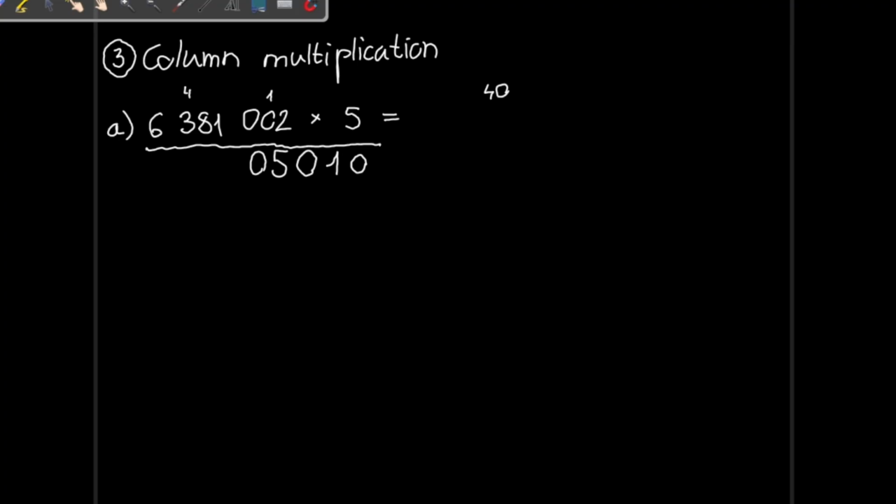And then this next digit, 3, that's 5 times 3, which is 15. And then we add 4 to the 15, which is 19. But once again, we can only write the 9 here. We need to move 1 over above the 6.